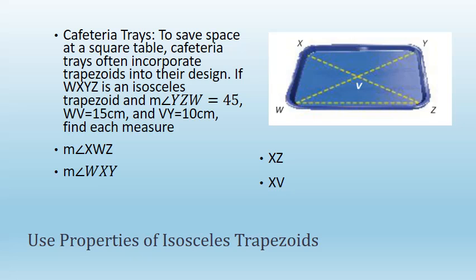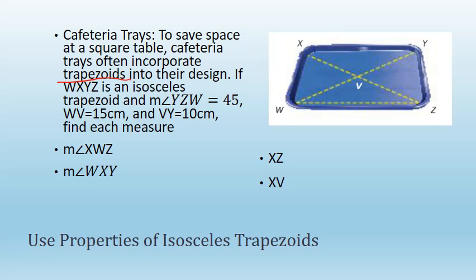This is talking about cafeteria trays. It says to save space at a square table, cafeteria trays often incorporate trapezoids into their design. So we're obviously thinking about trapezoids.